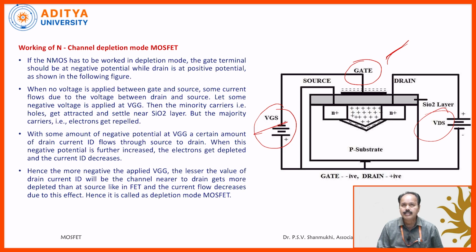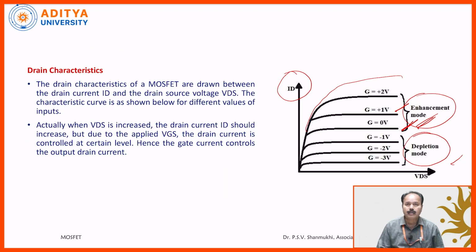When you increase the gate negative voltage, initially at 0 gate voltage some current is there, and that decreases, and as we go on increasing the negative voltage, we get these kinds of characteristics. This is the graph representing ID versus VDS. These are the drain characteristics under VDS voltage.